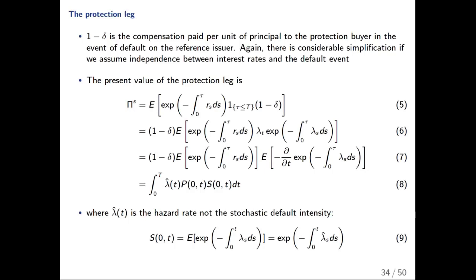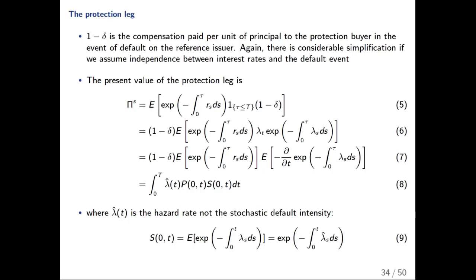Again, assuming independence between interest rates and the default process allows me to separate these expectations. And then the final trick is that this lambda_t e to the minus integral of lambda is the partial derivative of the exponential with respect to t, times a minus. But this thing here, I can compute in closed form. This thing I can compute in closed form in general if I have a model, okay?